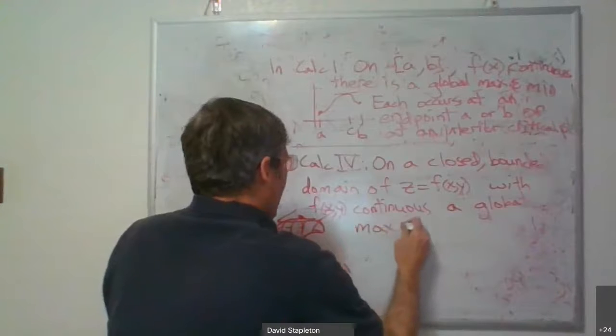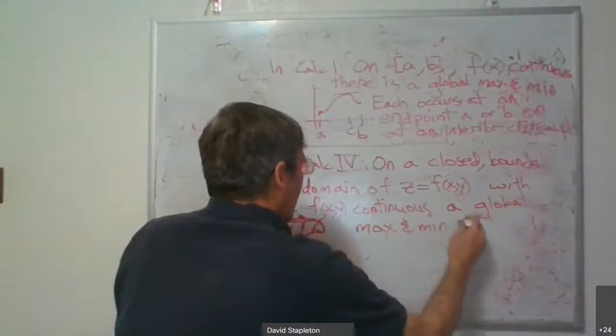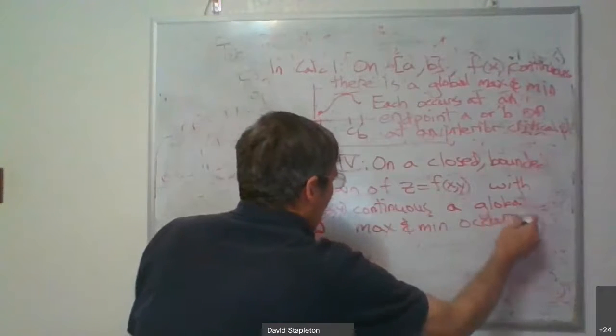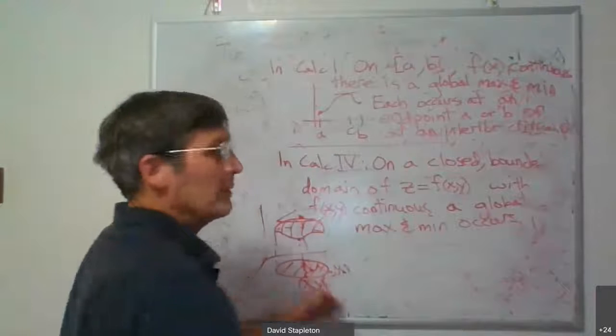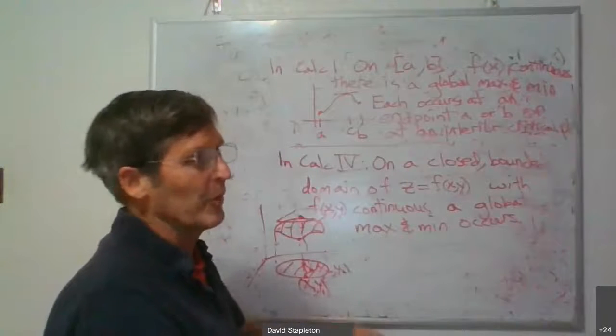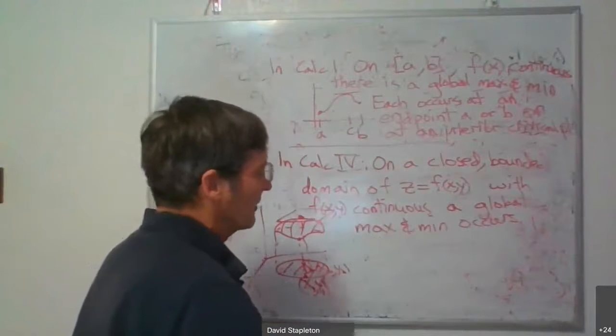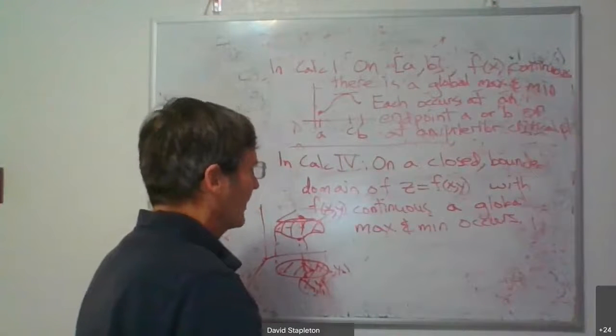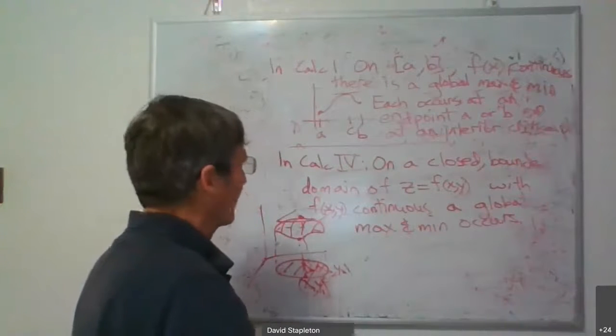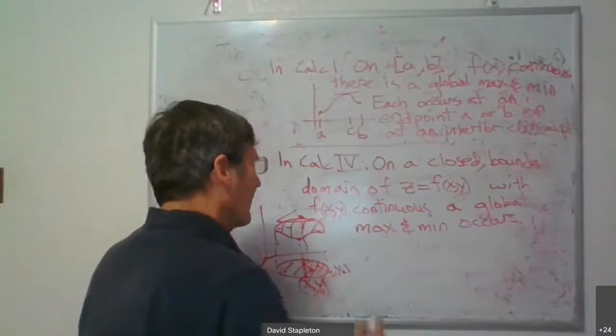It could be that it's repeated, right? There might be 2 points at which it reaches the highest value, or an infinite number of them. It just says there is a maximum and there is a minimum, which doesn't say how many.